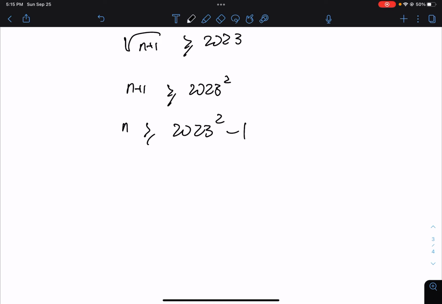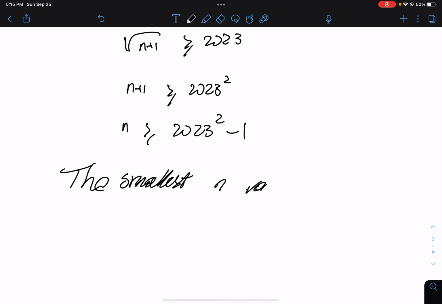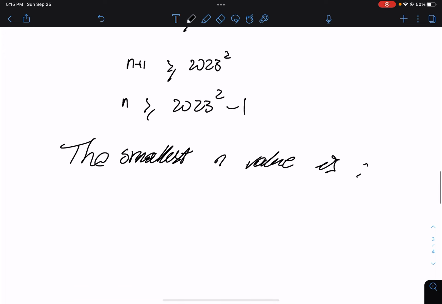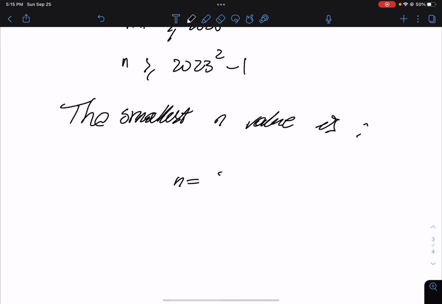So the smallest n value is, and I'm just going to put, n equal 2023 squared minus 1.